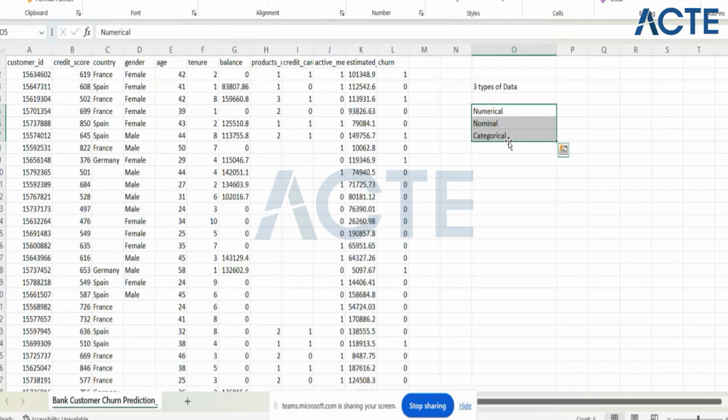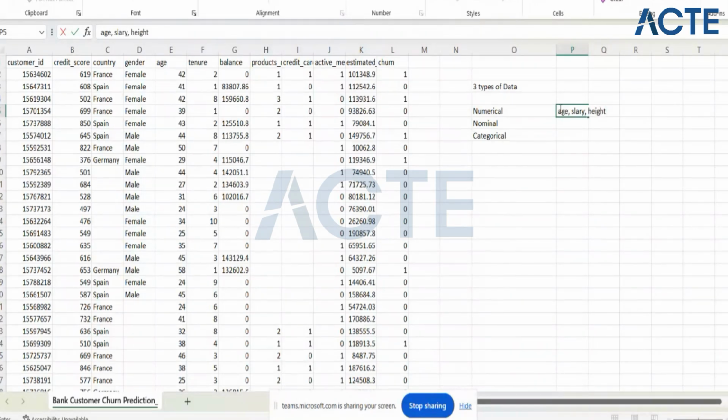Now, numerical, nominal, and categorical. Numerical data means any number which you can measure, and on which you can do any kind of mathematical operation, right? For example, your age, your salary, your height.